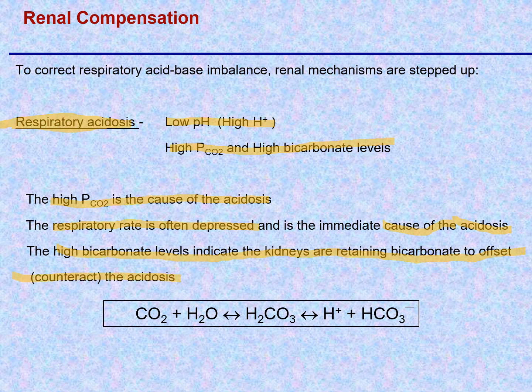So in this case, you have high PCO2 because of the respiratory insufficiency leading to respiratory acidosis, and the presence of high bicarb levels indicates that the renal mechanism is kicking in and you're getting retention of bicarb to offset the acidosis. If enough bicarb is being retained, either through reabsorption or generation of new bicarb, then the pH will rise and the acidosis will be corrected.